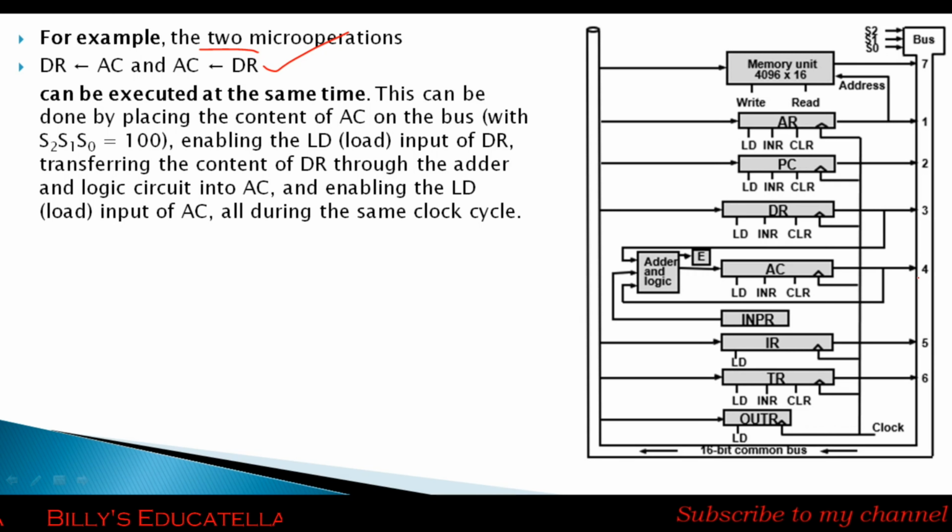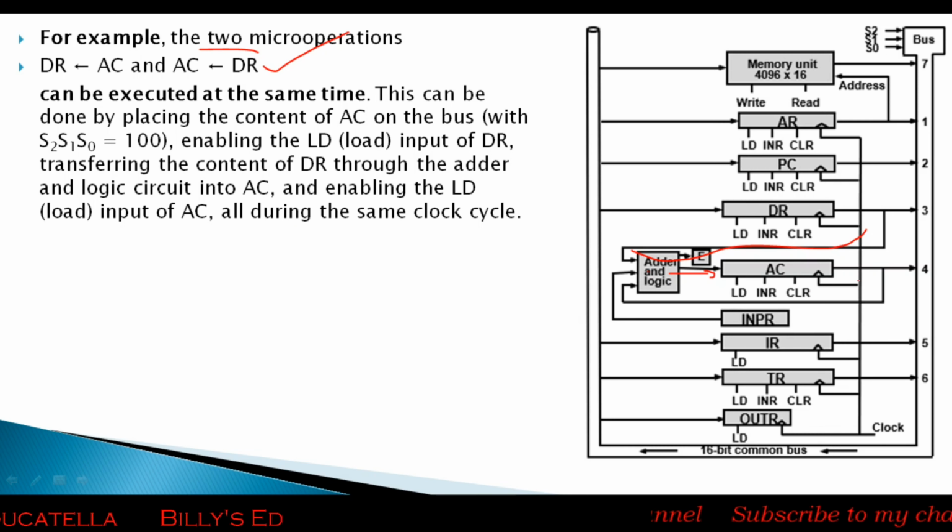So by enabling 100, AC is activated, and by enabling the load signal, the input will come from the data register and transfer the content of the data register through the adder and logic. So the data is transferred to the accumulator, enabling the load input of AC, all during the same clock cycle.